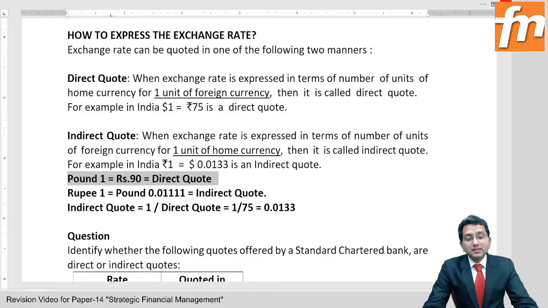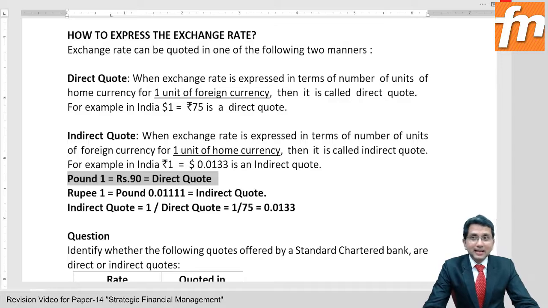Suppose you are a UK citizen, and if you are looking at this code, this will become the indirect code, because for them, pound is the home currency, and this 1 pound equal to number of Indian rupees is in terms of 1 unit of home currency for number of units of foreign currency. So what is direct code for an Indian is indirect code for a UK person, and vice versa.